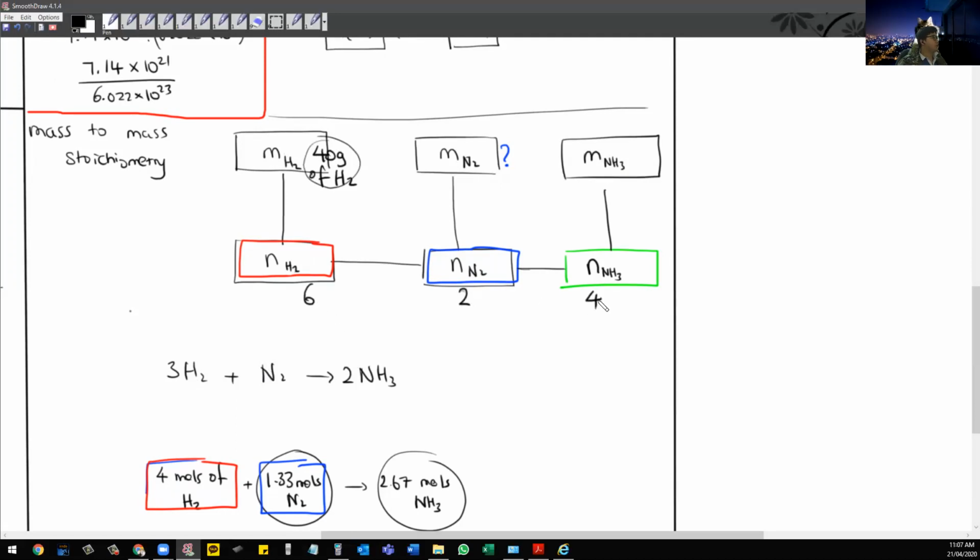So 6, 2, 4, that's 3, 1, 2, same ratio, right? But if I have 3 grams of hydrogen, that's not going to require 1 gram of this and 2 grams of that, because different molecules weigh differently. They have different molar masses, right?